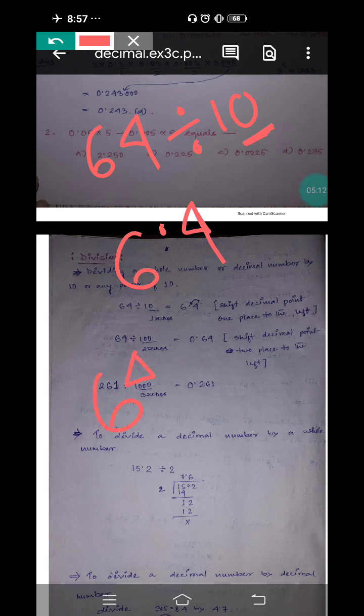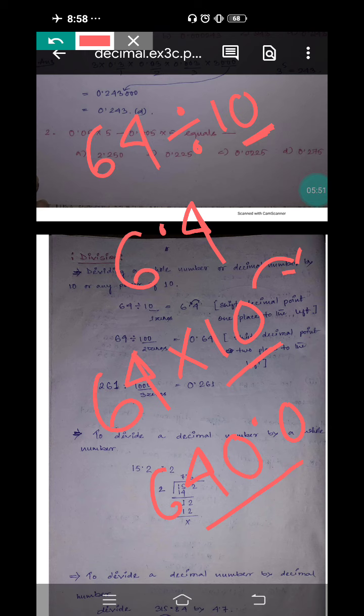While doing multiplication, it is like this. If you multiply by 10, how many zeros? 1 zero, then the decimal will shift to the right side by 1 place, so the answer will be 640.0. Understood? When you multiply a number by 10 or a power of 10, the decimal point will shift to the right by the number of zeros.